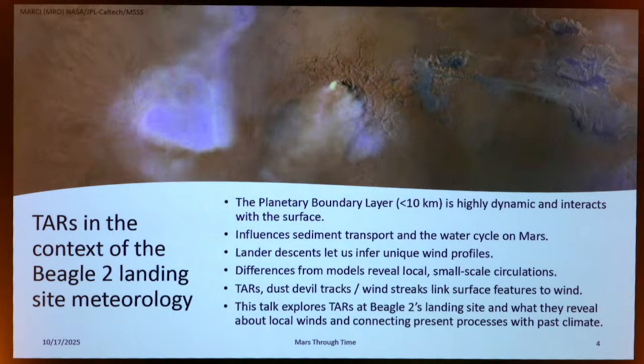We're interested in the PBL because we have meteorological instruments on the Mars rovers, Perseverance and Curiosity, a humidity sensor and pressure sensor. So we study the observations from those, and I'm interested in how circulations affect these observations, and in the past have inferred a number of wind profiles.